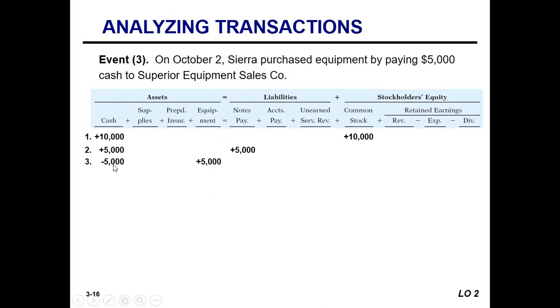We decreased our cash and increased our equipment. We still have $15,000 in assets and $15,000 on this side of the accounting equation. You follow that? Each entry before, one entry has been on one side of the equation and the other entry on the other. This one, they're both on the asset side.